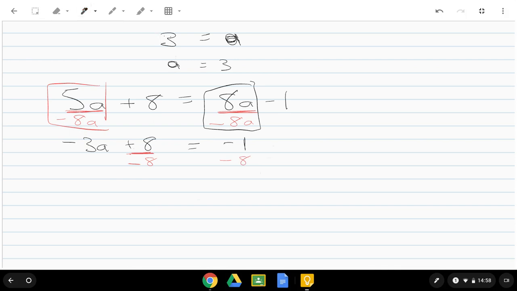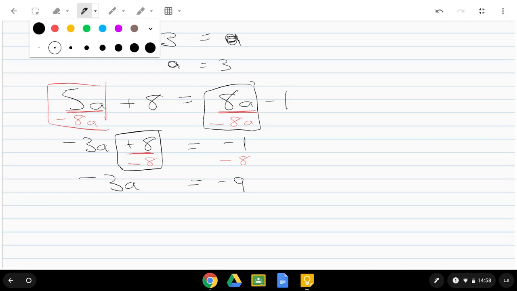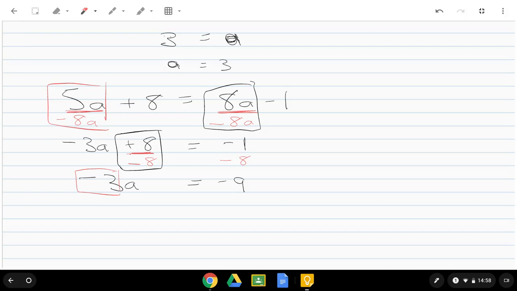So now I'm left with minus 3a on the left. The 8's are eliminated, equals minus 1 minus 8, which is minus 9. Now in this case, when we divide both sides to get rid of this minus 3 coefficient of a, we're going to divide both sides by minus 3.